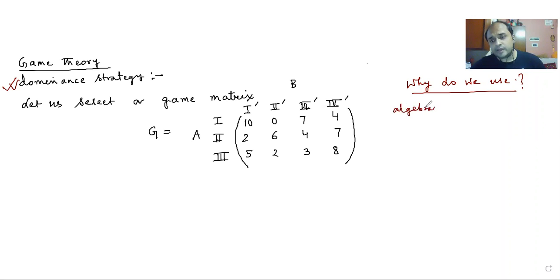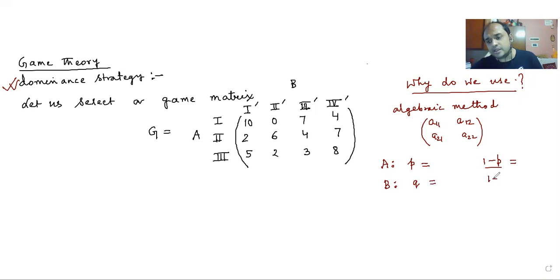In the algebraic method, we have seen that if we are given a game matrix of order 2 by 2, then we can find the probabilities p and 1 minus p for player A, and the probabilities q and 1 minus q for player B. Not only this, we can also find the value of the game.